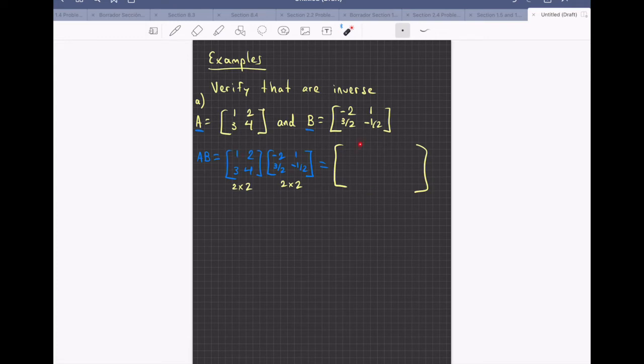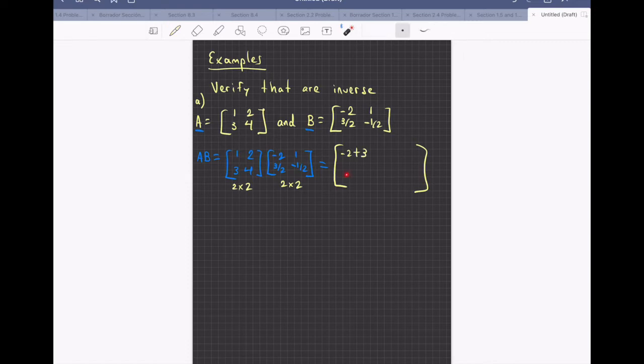So here I need to multiply row 1 times column 1. 1 times -2, -2, 2 times 3 over 2 is 3, plus 3.